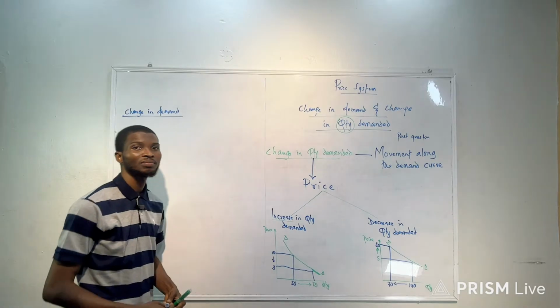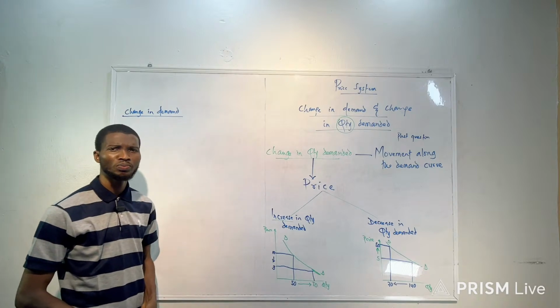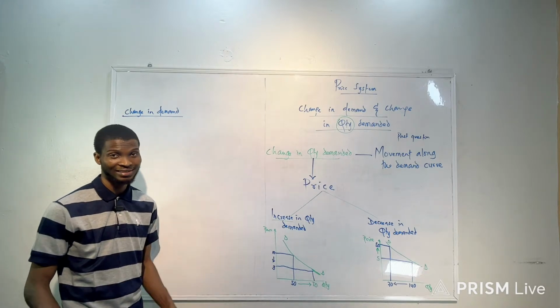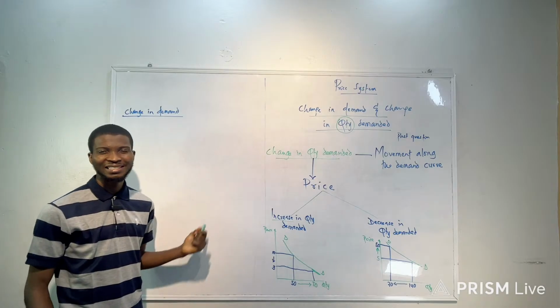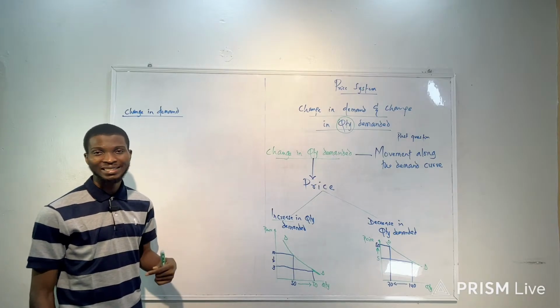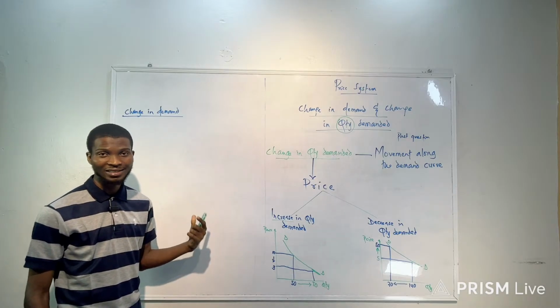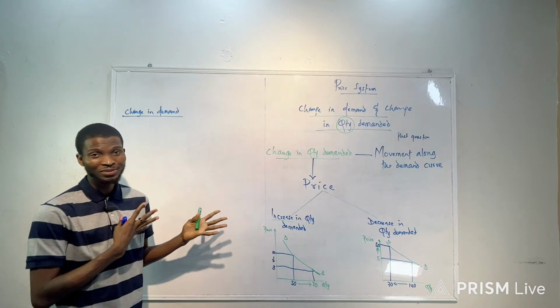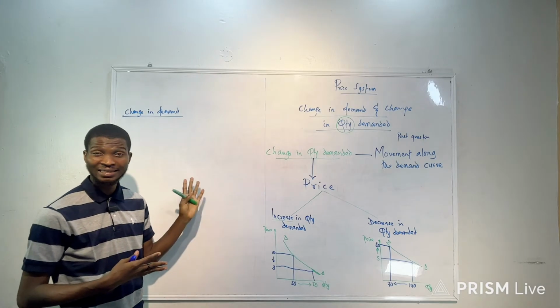For change in demand, is there anything that makes it so different from change in quantity demanded? Absolutely, obviously. If there is no difference, then there is no reason why we'll be in this class to start learning any of them. So for now, just bear with me and let's learn what could be the difference between this and this.